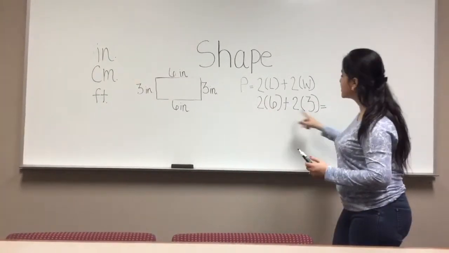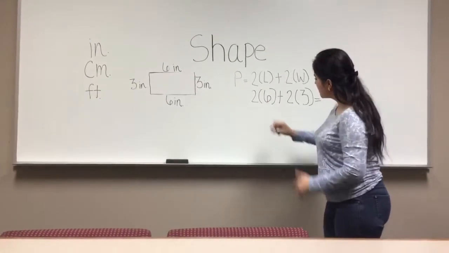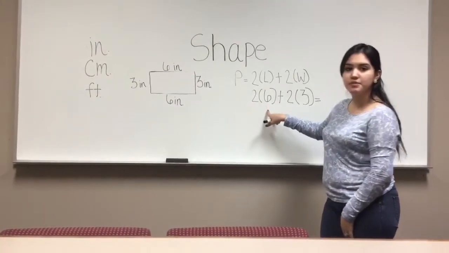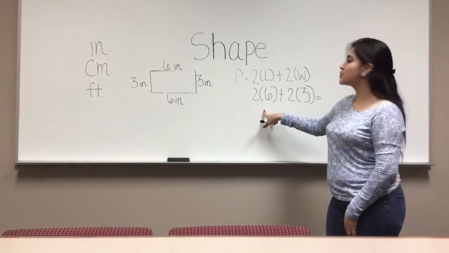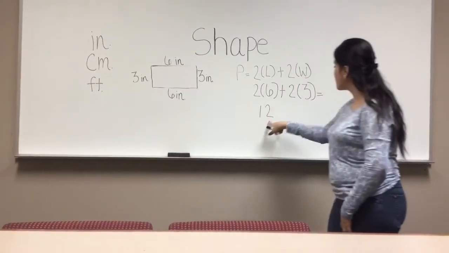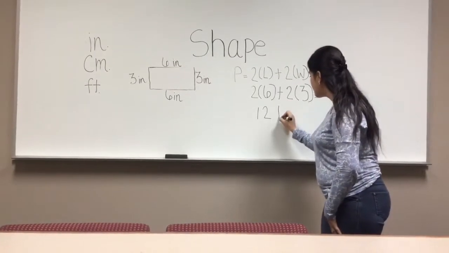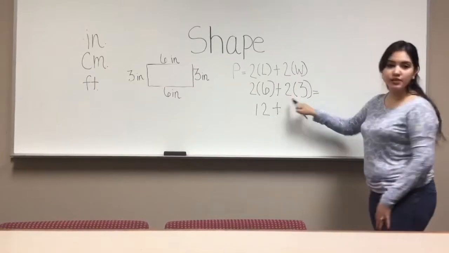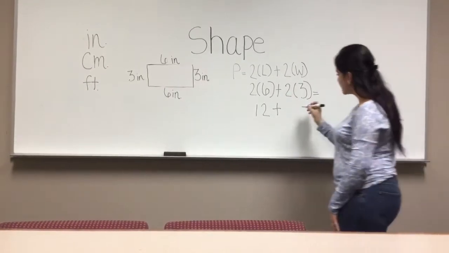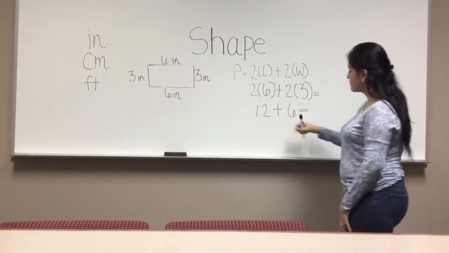So now that we have the numbers plugged into our formula, we can try to solve it. What is 2 times 6? 12. 12, very good. So 12, what is the next step? Plus. Plus, very good. What is 2 times 3? 6. 6, very good. 12 plus 6 equals 18.